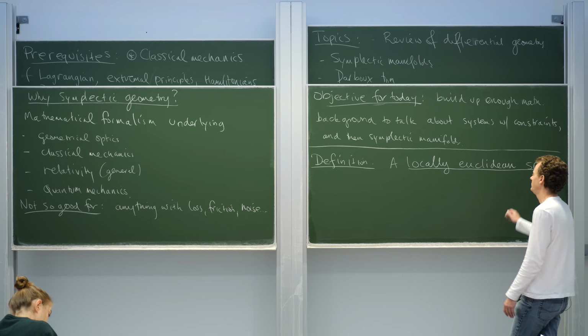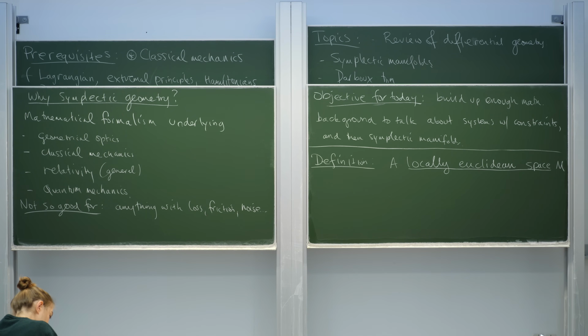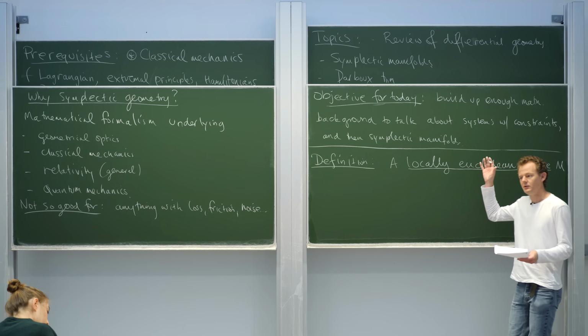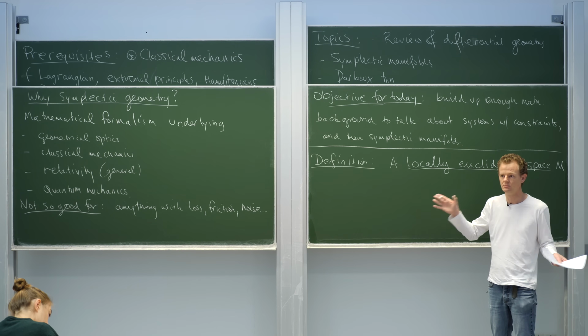So you give up on spaces that are globally flat everywhere with a nice rectangular coordinate system, and instead consider the next best thing: things that look like Euclidean space locally. If you're a little ant living in this space and you look around, it looks like Euclidean space. But globally, things can be different. Those are the most general objects we're going to consider in this course. So in words, a locally Euclidean space is something that locally looks like normal flat space, but globally not.